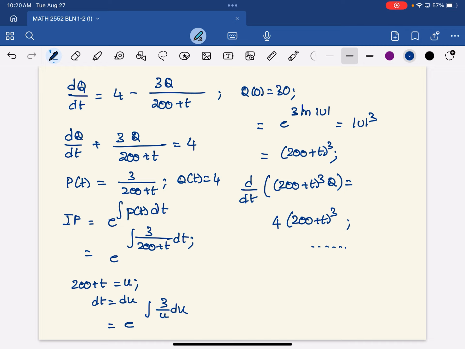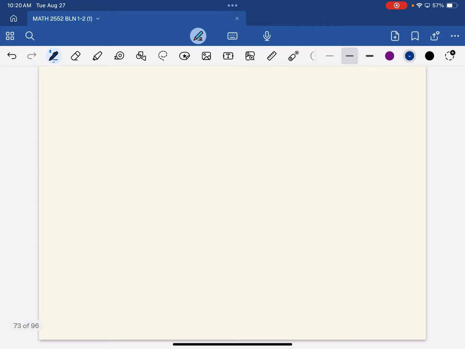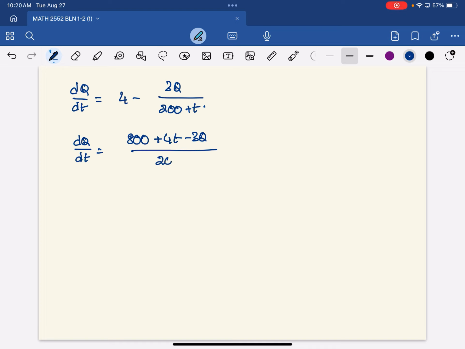Okay. Now that you raise the question, I just want to address how it would be if I go through variable separable. So dQ/dt is whatever I have, 4 minus 3Q divided by 200 plus t. So dQ/dt is going to be 800 plus 4t minus 3Q divided by 200 plus t.